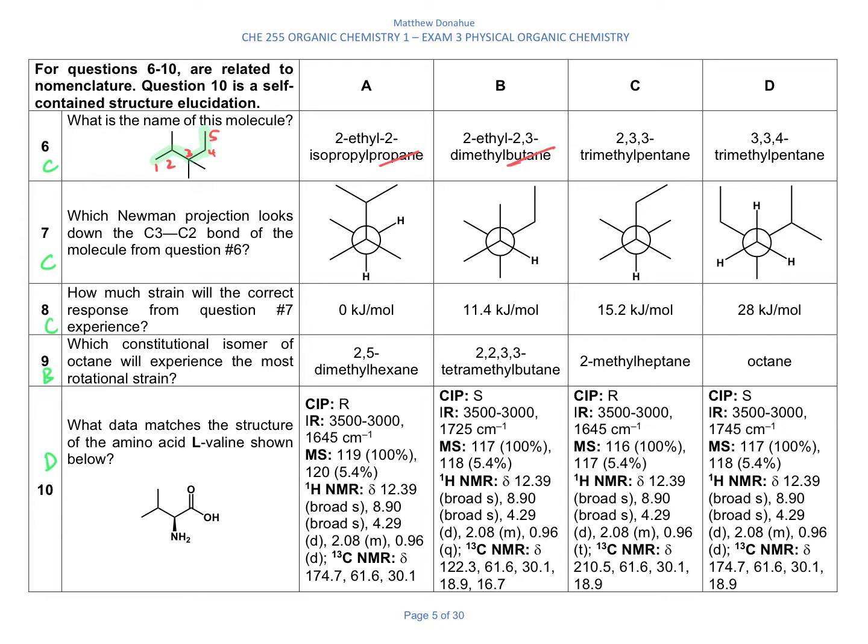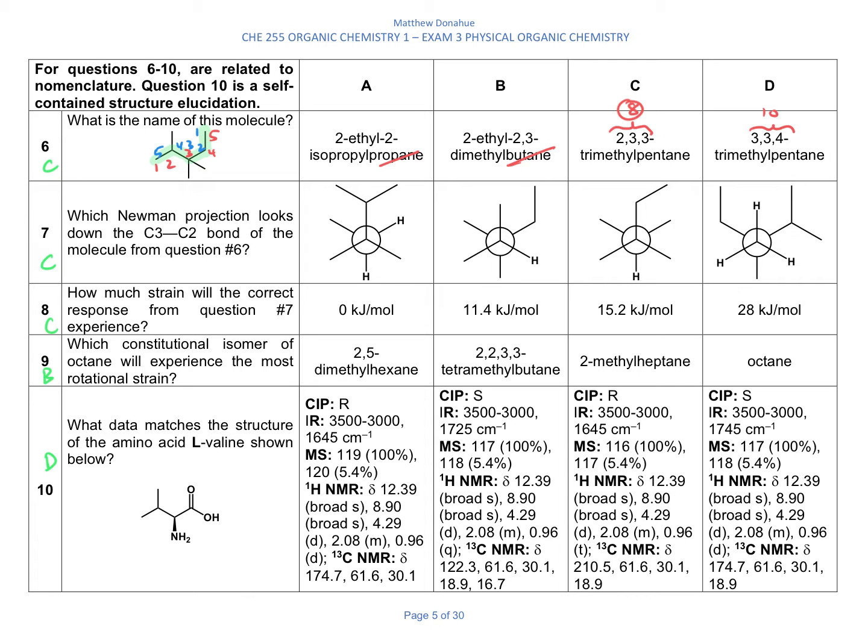The other response, D, would be if you numbered the chain the other way, 1, 2, 3, 4, 5. And again, the rule states that when you add these numbers together, we get 8, then you add these together, you get 10. You need to have the lowest number.